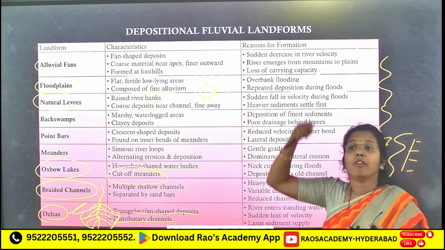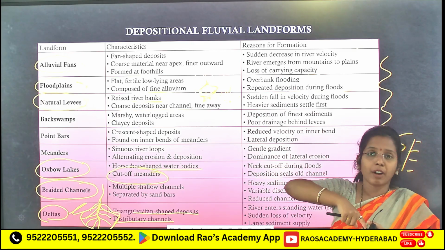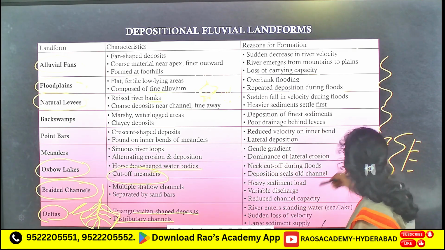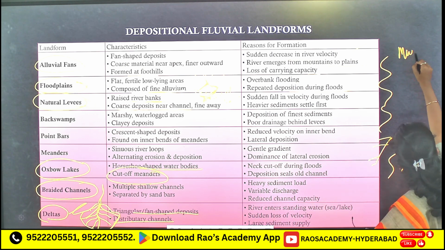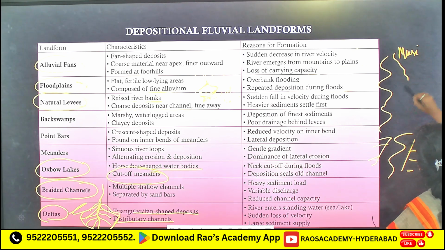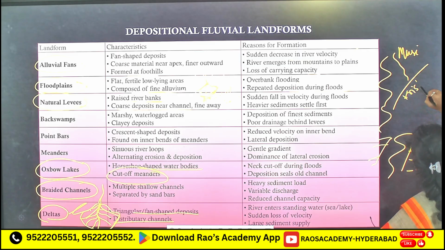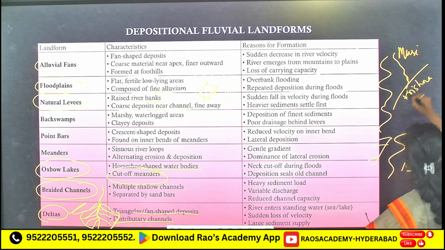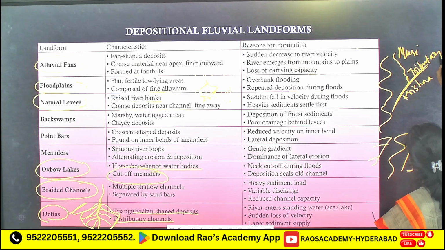Tributaries means one more river is coming and joining another water channel. For example, Musi river is coming and joining Krishna, which means Musi is a tributary of Krishna.